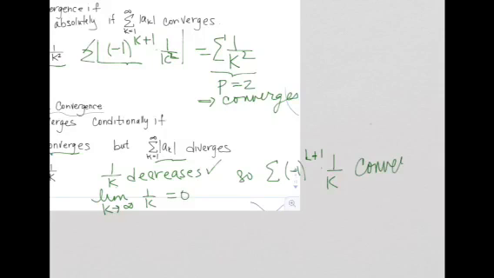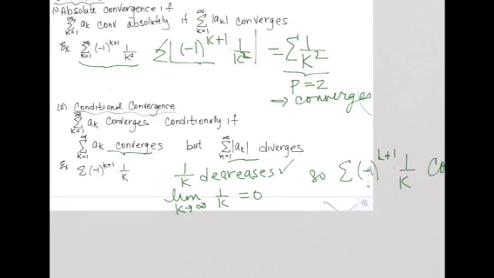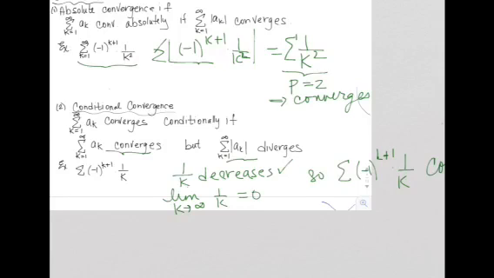However, if you take the absolute value of this series, that nullifies the negative component, and you are now looking at just the series 1 over k, which is the harmonic series.